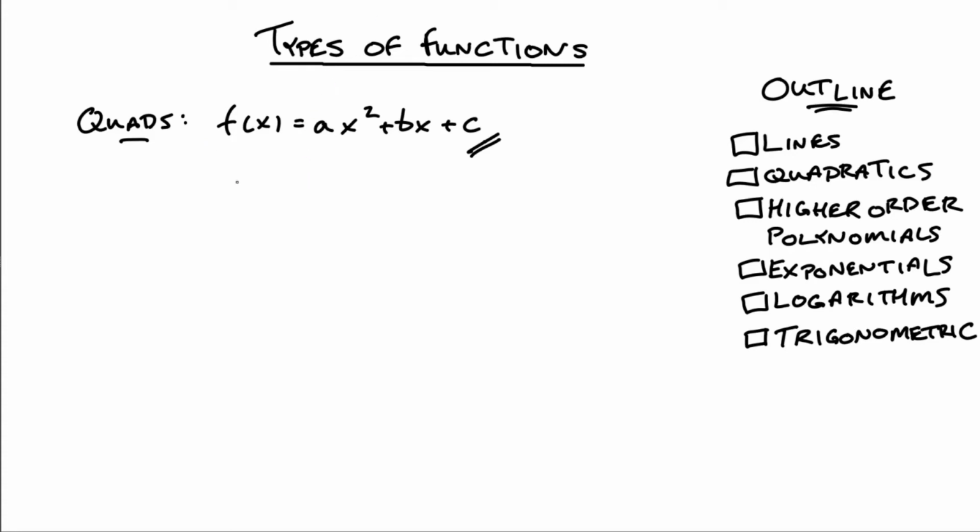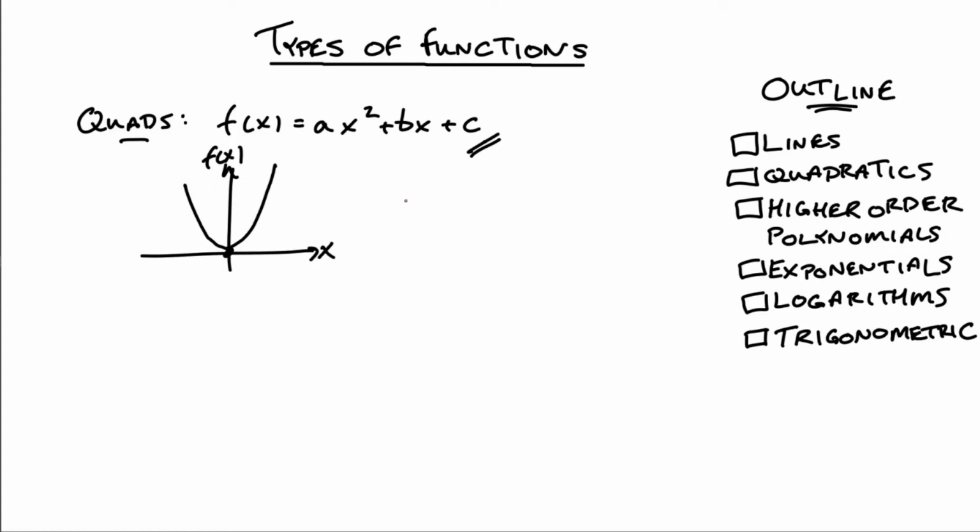So the base form of a quadratic looks something like this, where this would be touching the horizontal axis. You have f of x and x. And yeah, so this is the base form. In this form, it has one intercept, call it, at 0. It would actually be a double intercept, but it's besides the point.